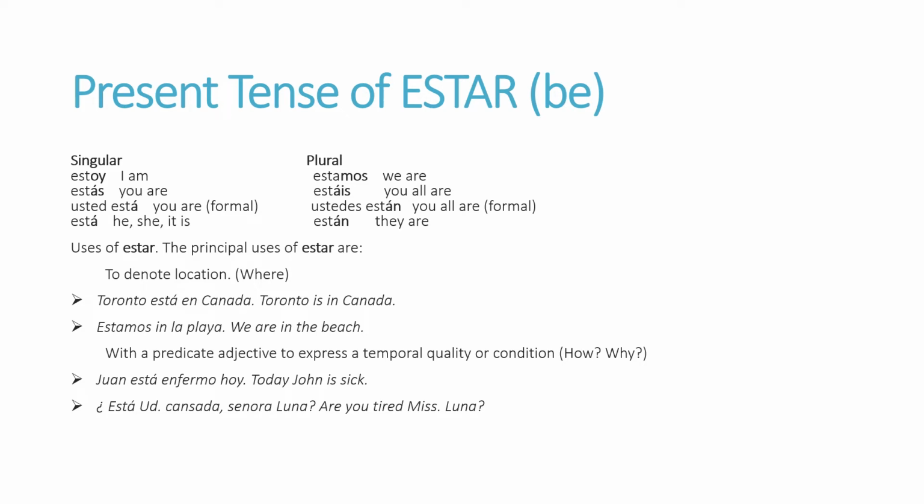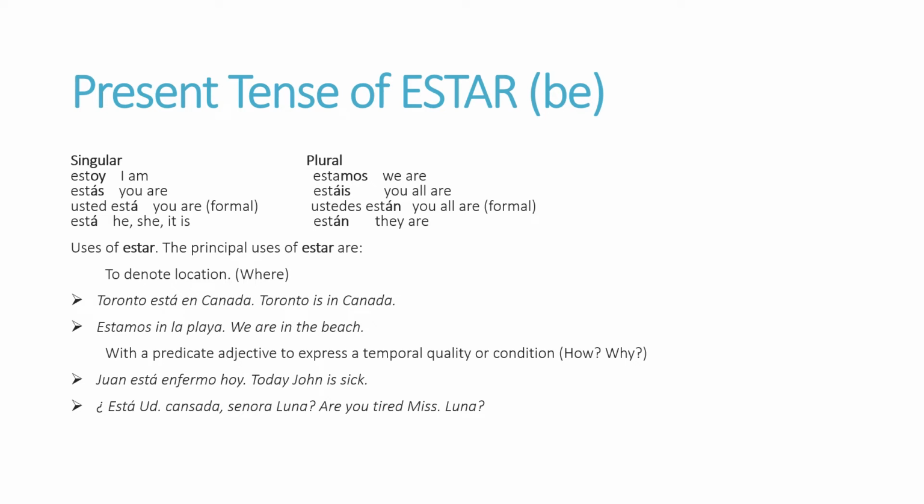Estar with a predicate adjective to express a temporal quality or condition, like how or why, is another important use of the verb to be. Juan está enfermo hoy. Today John is sick. ¿Está usted cansada, señora Luna? Are you tired, Miss Luna?